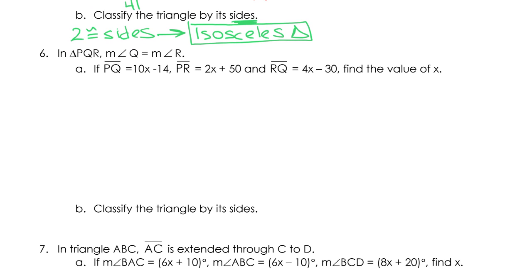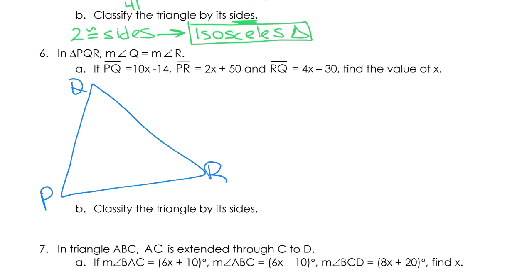In number 6, we have triangle PQR. And again, many people are going to read right over that, and you shouldn't because you're going to get confused if you do. Mark your picture. Those are 2 equal angles, and equal angles get arc marks.